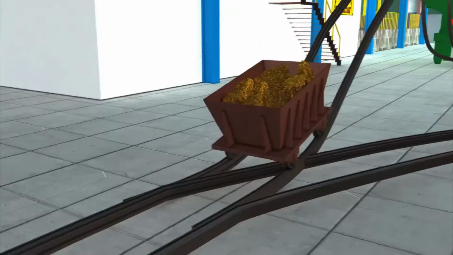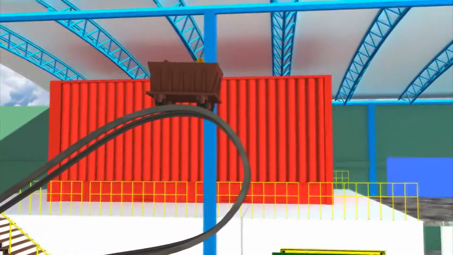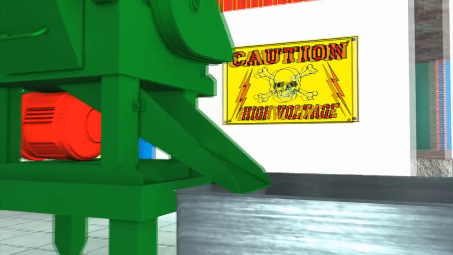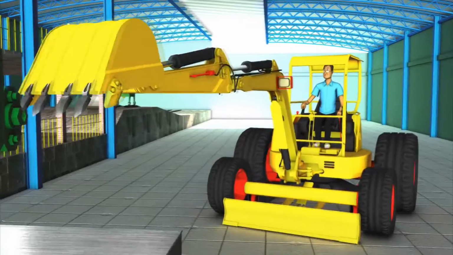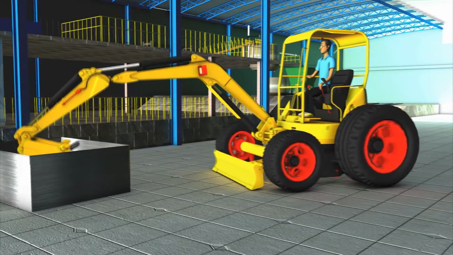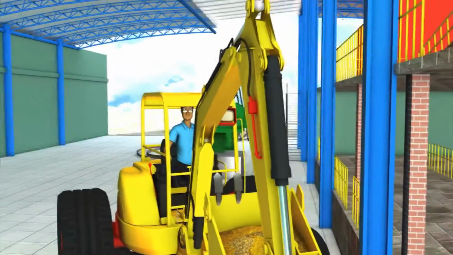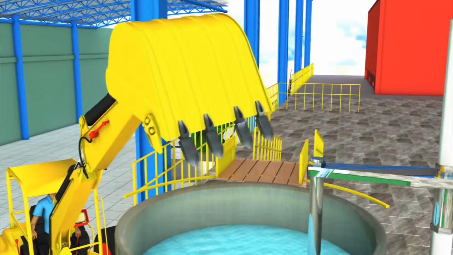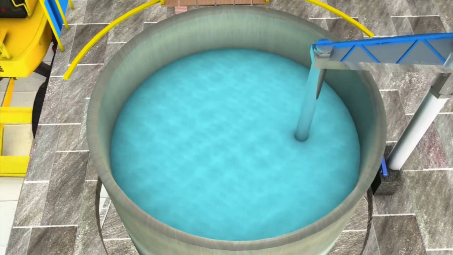The chief ore, copper pyrite, is crushed and then concentrated by the froth flotation process.